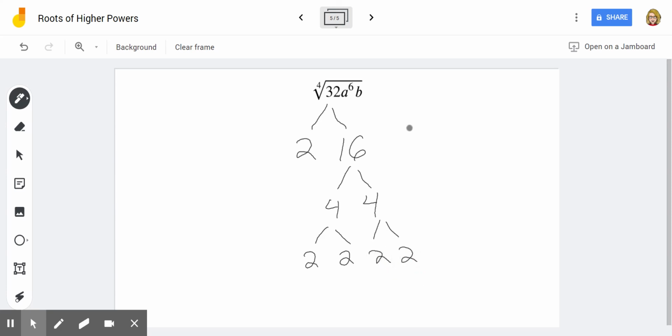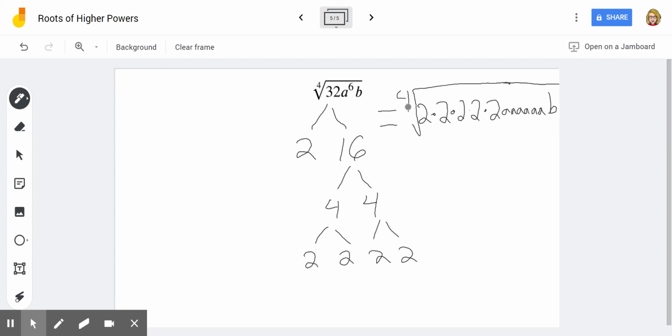So I'm going to rewrite this to be the fourth root of, I have 1, 2, 3, 4, 5 2's. So 1, 2, 3, 4, 5, 6 a's. 1, 2, 3, 4, 5, 6, and 1 b.